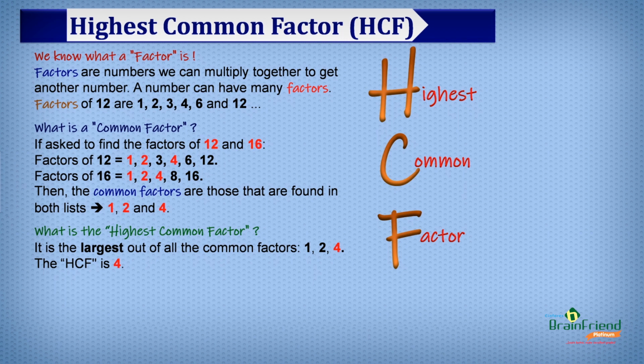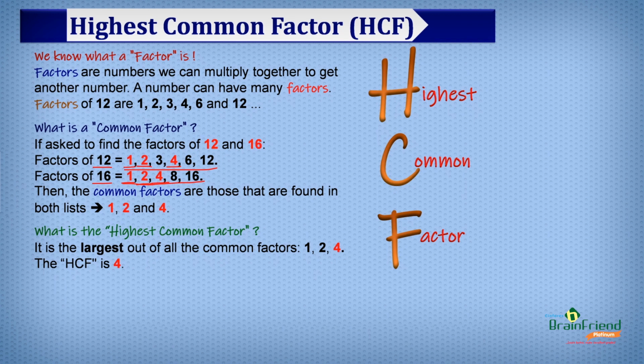The factors of 12 have been listed as 1, 2, 3, 4, 6, and 12. The factors of 16 have also been listed as 1, 2, 4, 8, and 16. Now you notice that the number 1 appears in both lists. The number 2 also appears in both lists. And the number 4 appears in both lists.